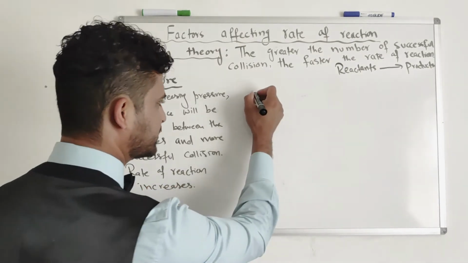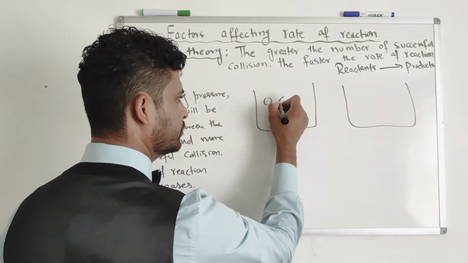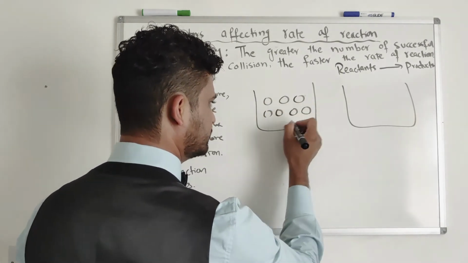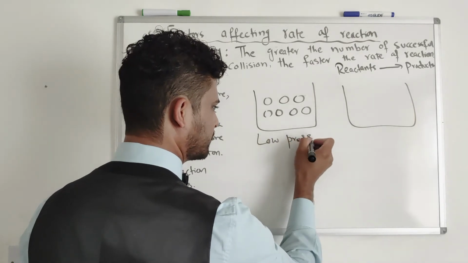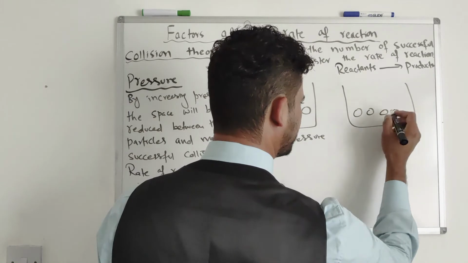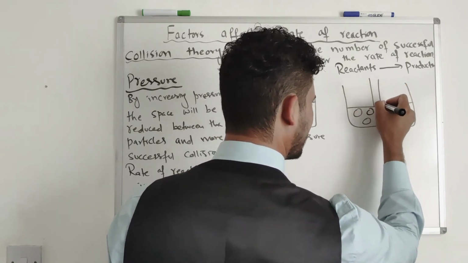Now let's take an example. Let's take the diagram example where we can actually look at properly. So you have these particles there, and this is at low pressure, and then you have the same amount of particles again, but this time you have compressed it.